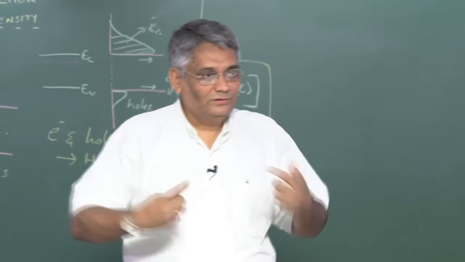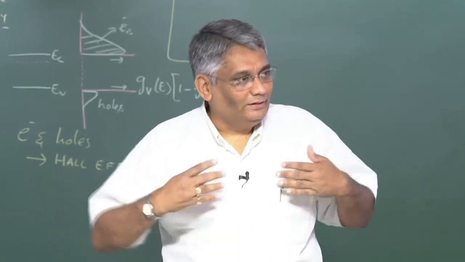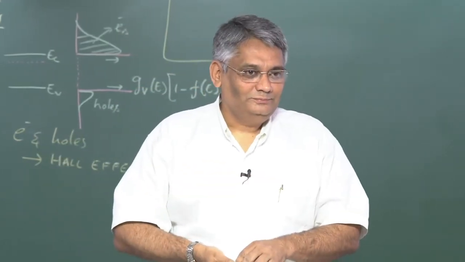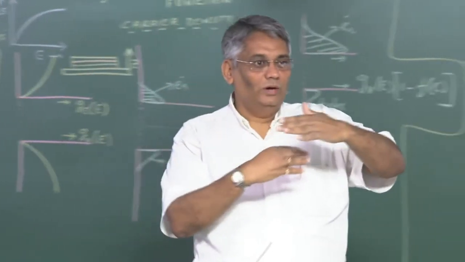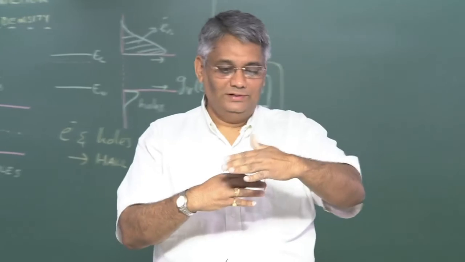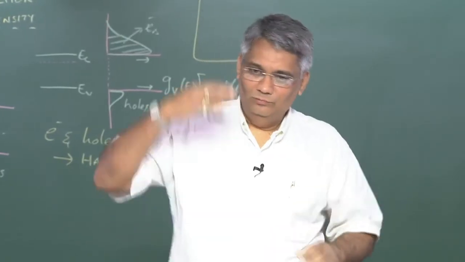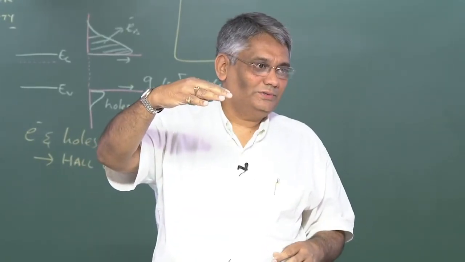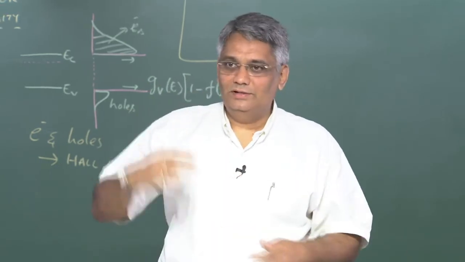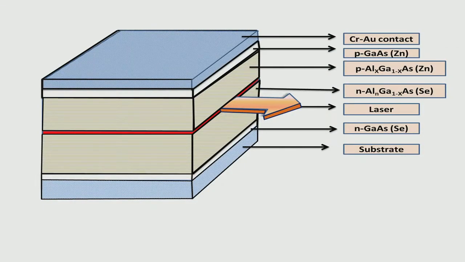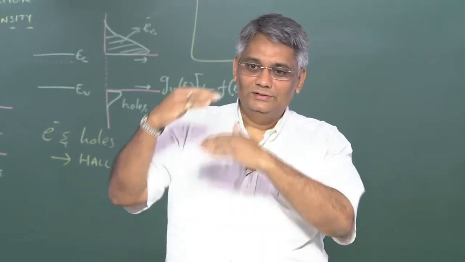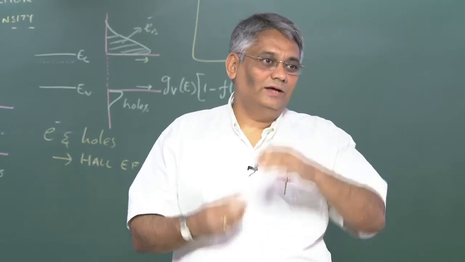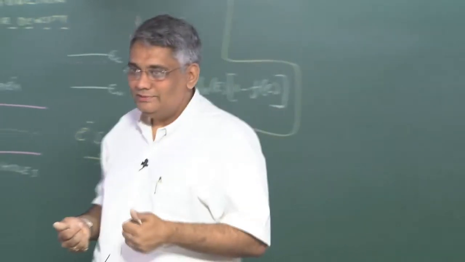But now this recombination is done in a quantum well. So imagine I have two AlGaAs, aluminum gallium arsenide layers, one doped in such a way that it becomes p-type aluminum gallium arsenide, the other one is n-type aluminum gallium arsenide. Now the intermediate layer is gallium arsenide. So the band gap of gallium arsenide is a little smaller than that of the AlGaAs.